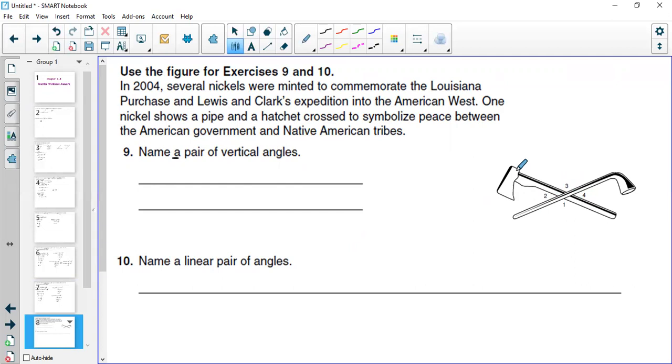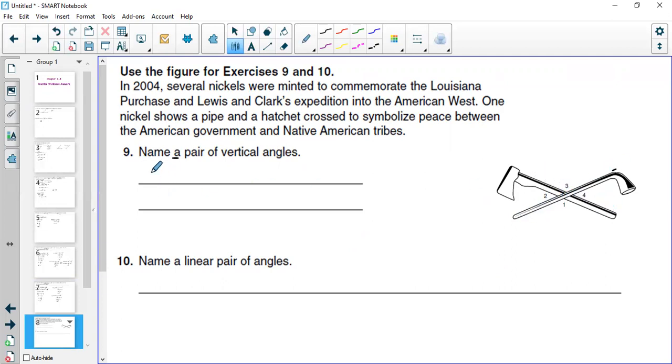Now, vertical angles, as I said, are in the shape of V and they are facing each other. It's like their noses are together. So which angles could we say are in the shape of V and opposite? So we can say this is in the shape of V. So which is the opposite angle for this? Angle 1.